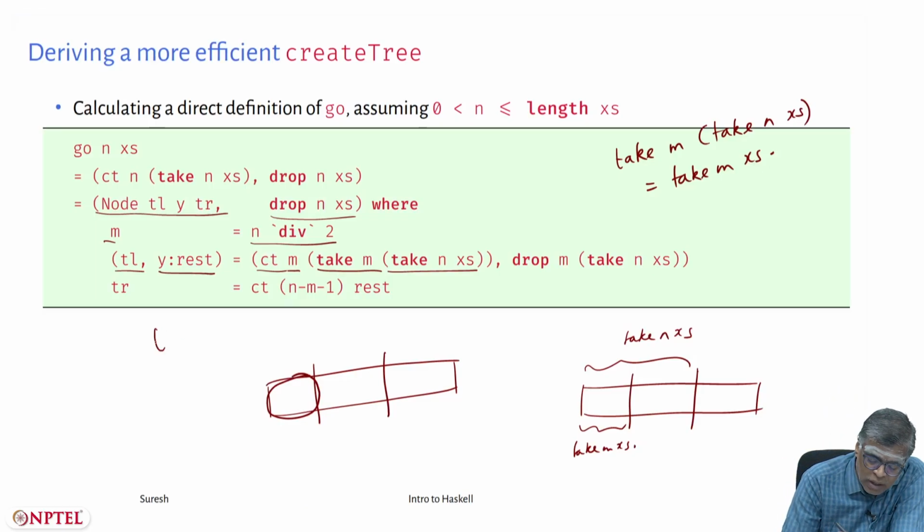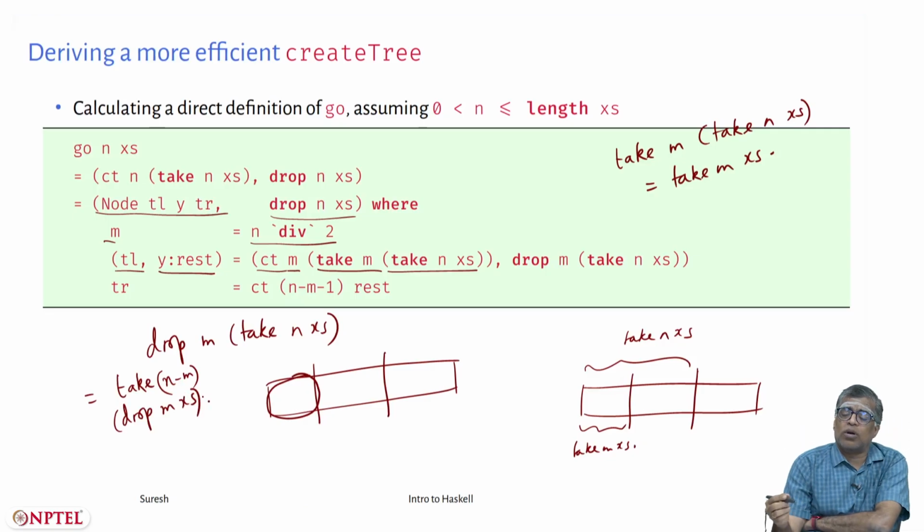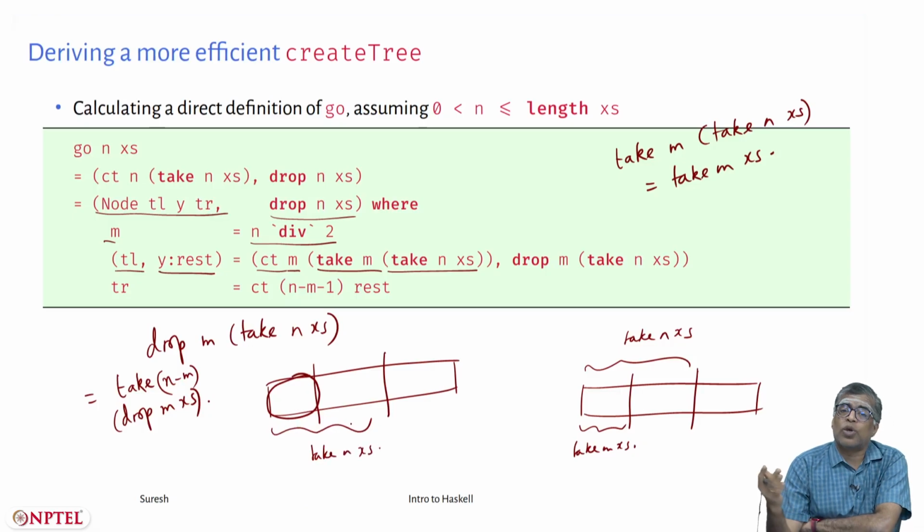So drop m of take n of x's is nothing but, if I take n elements and then drop m elements, that is the same thing as first dropping m elements and then I have to take the remaining elements.